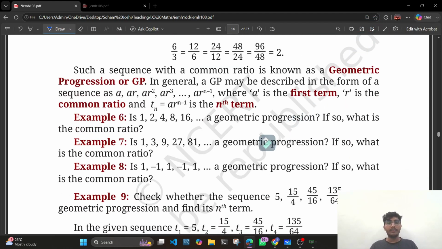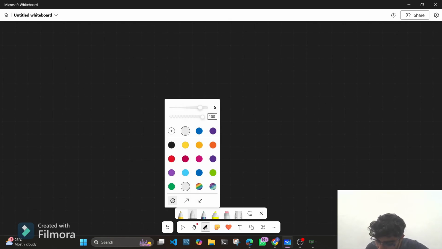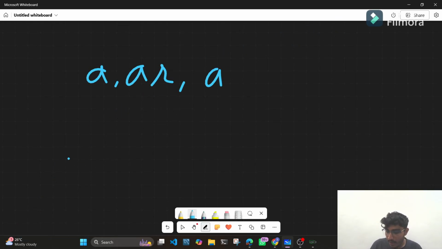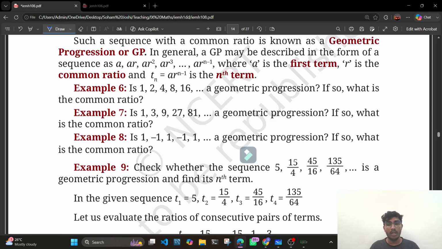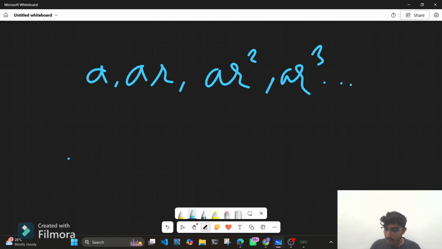As we saw a general form of AP, we also have a general form of GP, that is given as a, ar, ar square, ar cube, and so on, and it goes till ar to the n minus 1.